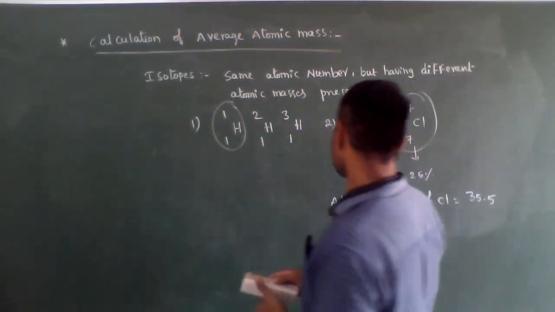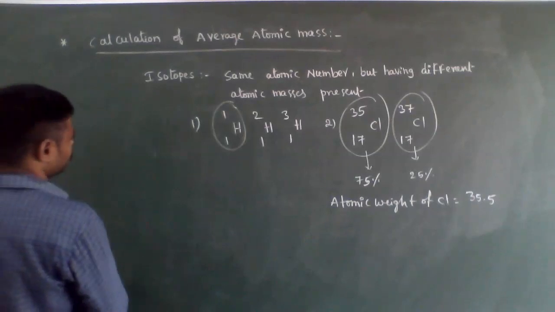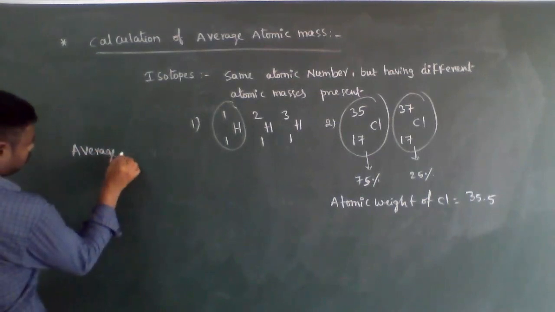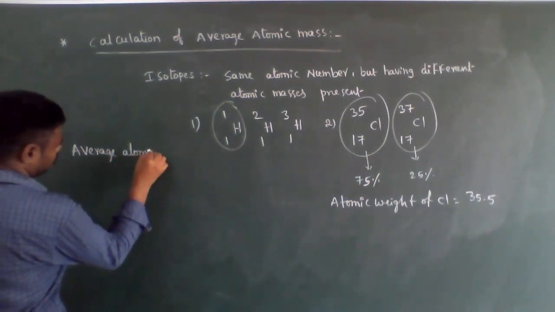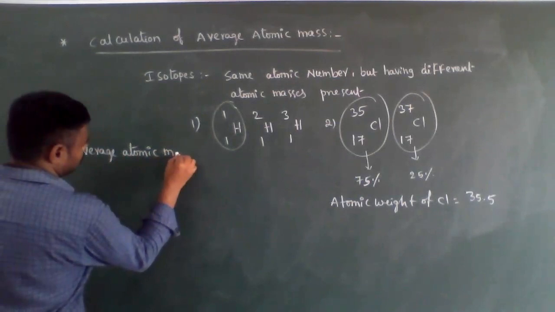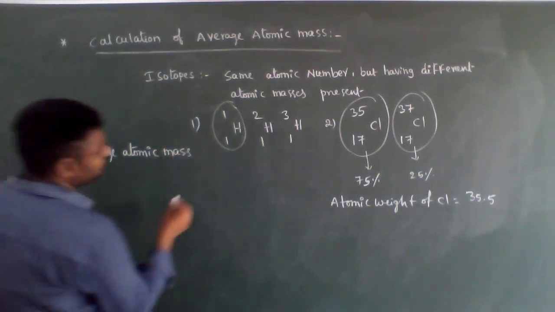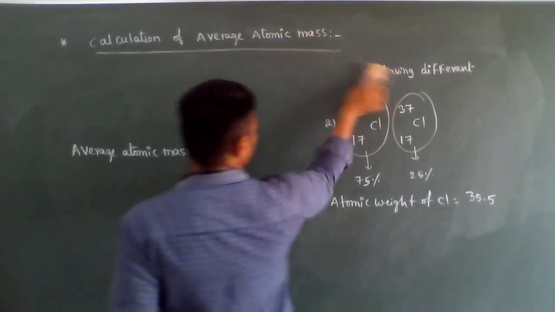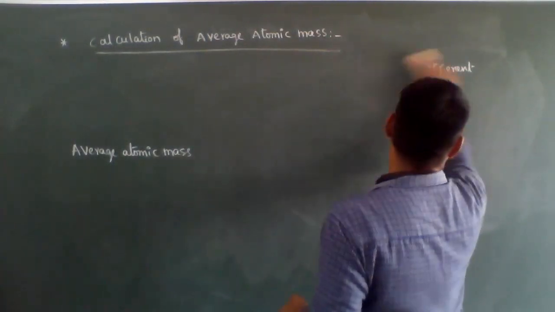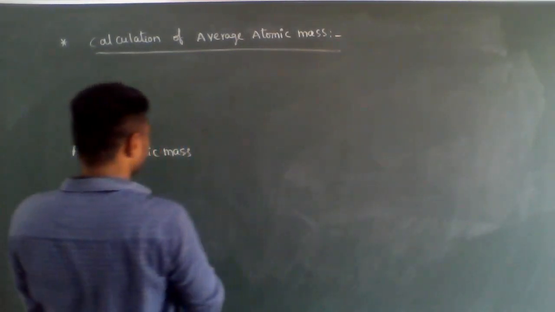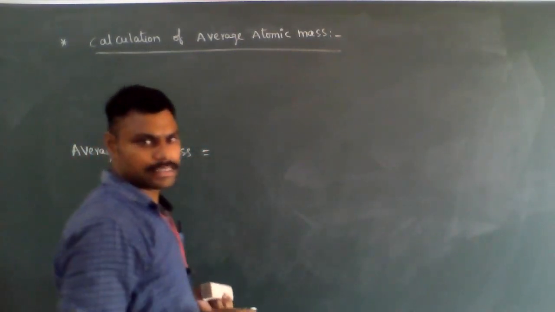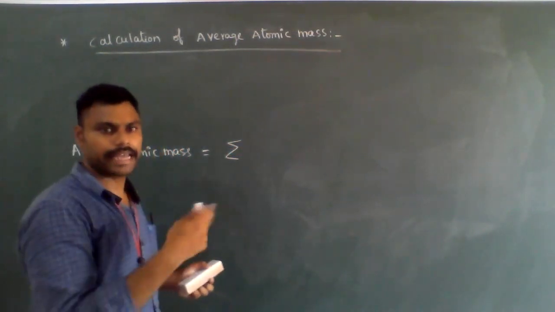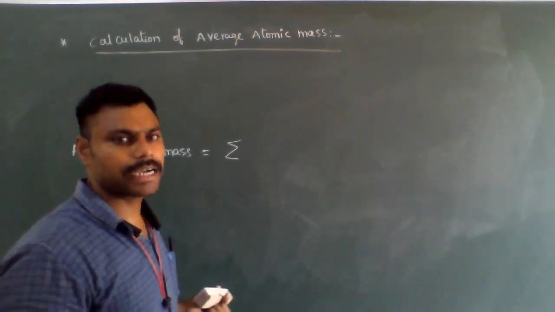Let's see what the average atomic mass is. Average atomic mass is equal to, here for the mathematical symbol we need to use sigma. Sigma is a symbol for addition. Pi is a symbol for multiplication.